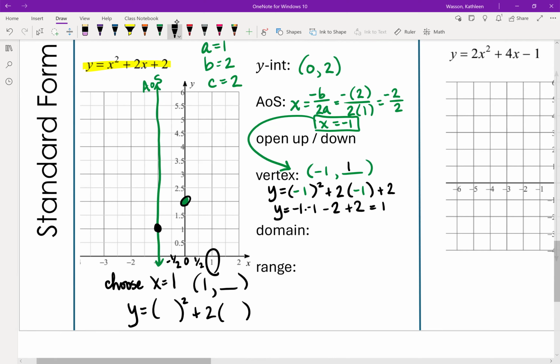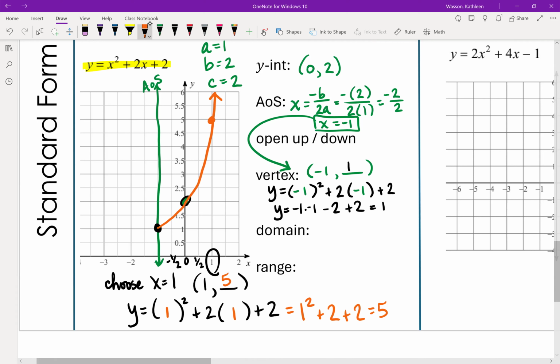So I set this up to substitute, and my x is 1. That's the x I chose. So I have 1 squared plus 2 times 1 plus 2 again. That's 5. So when x is 1, y is 5. Here. And now I can draw in the curve.